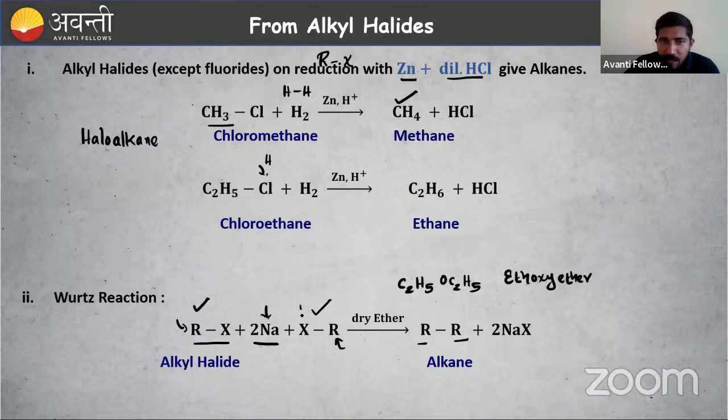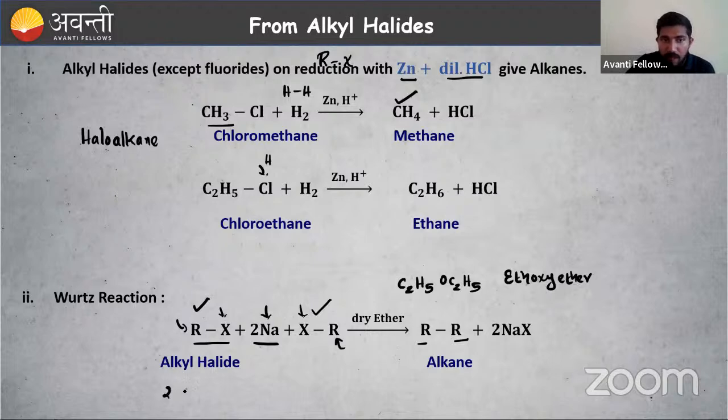We have Na and X. So NaX is formed; with 2 Na, 1 X from here and 1 X from here, 2 NaX is formed. So what you have to do? In RX, separate the halogen and take the R, the first brother. Then in the second alkyl halide, separate the halogen. We have the R group. Then join them, R and R, and our alkane is formed.